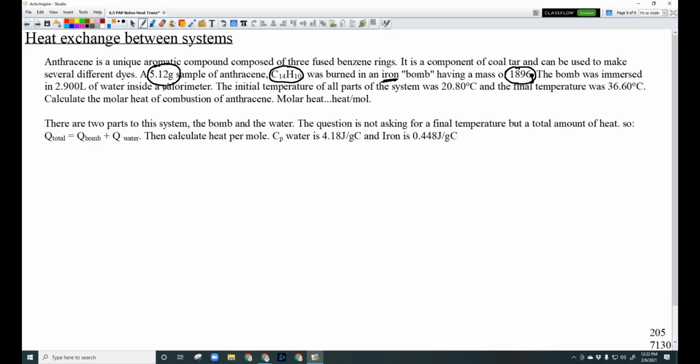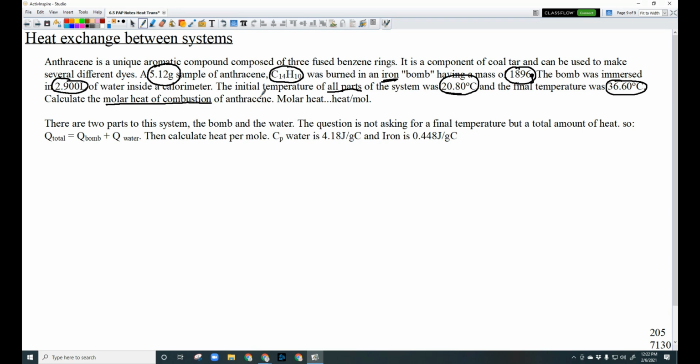The bomb was immersed in 2.9 liters of water inside a calorimeter. The initial temperature of all parts of the system was 20.80 degrees Celsius, and the final temperature was 36.6 degrees Celsius. Calculate the molar heat of combustion of anthracene.